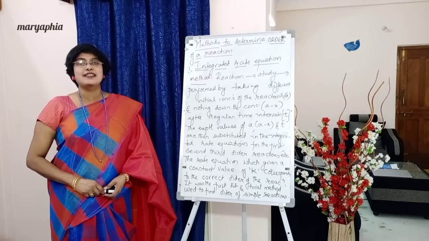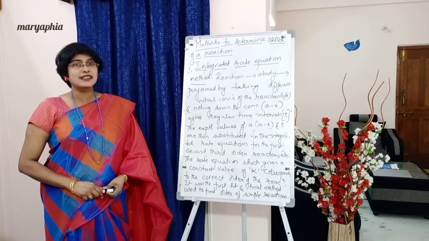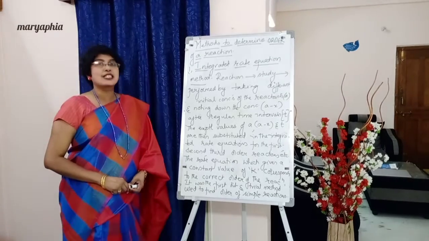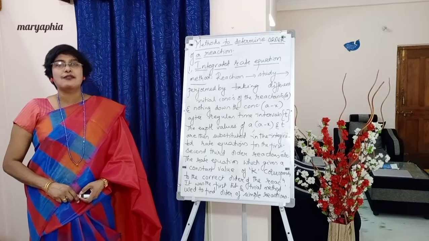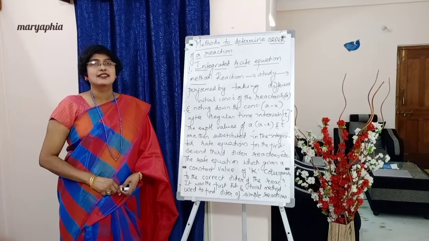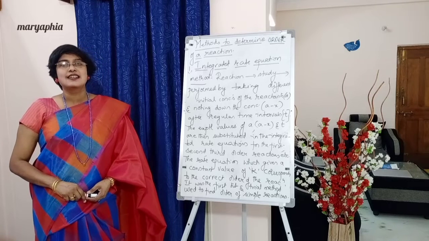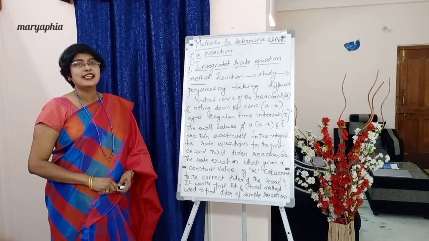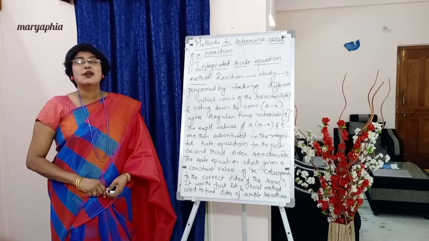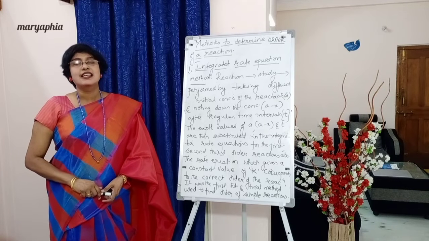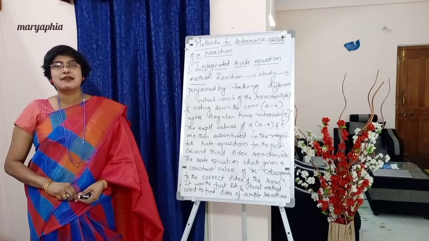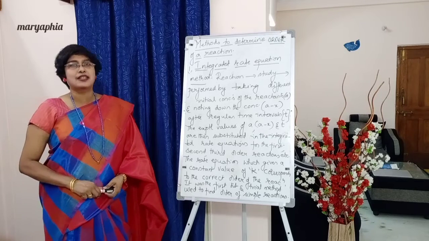Put the side heading, students, in your notebook: methods to determine order of a reaction. If you don't know what order of a reaction is, in the first class we have learned about order, molecularity, rate of the reaction. All these definitions we have learned.